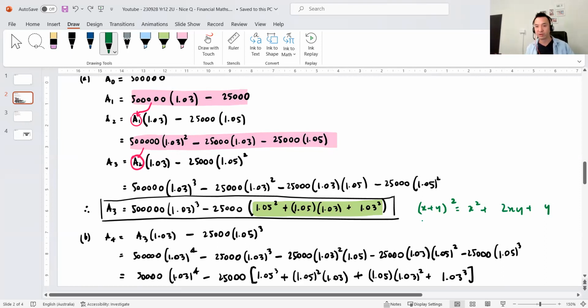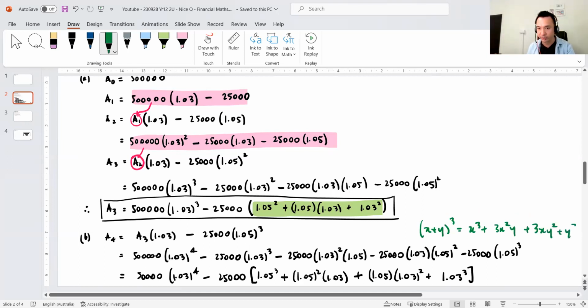And for those that know, how do you expand perfect cubes? Well, sorry, the binomial cubed. That's like x cubed plus 3x squared y plus 3xy squared plus y cubed. And if you get rid of the coefficients, x cubed, x squared y, xy squared, y cubed.